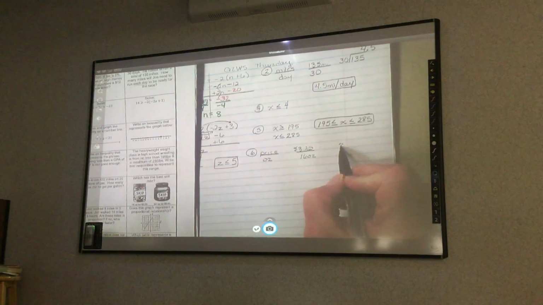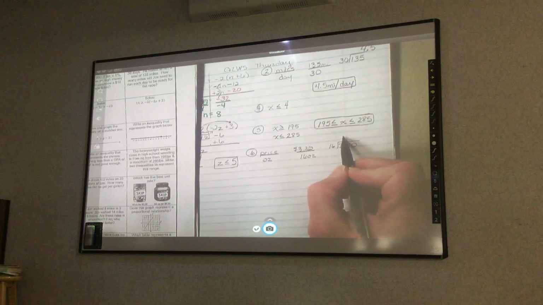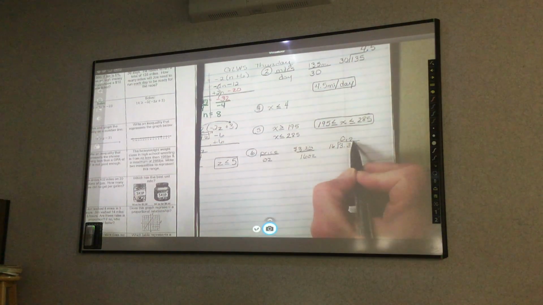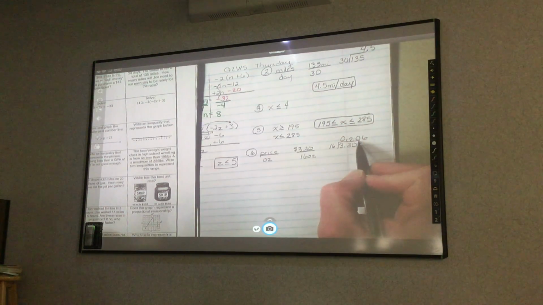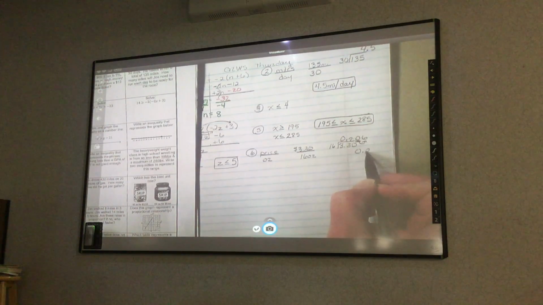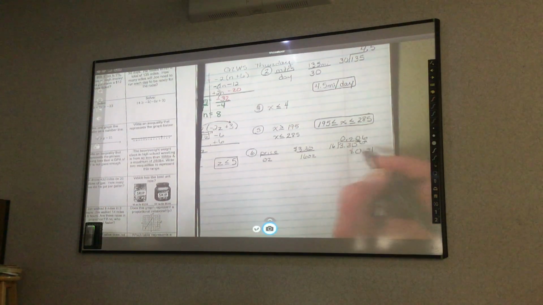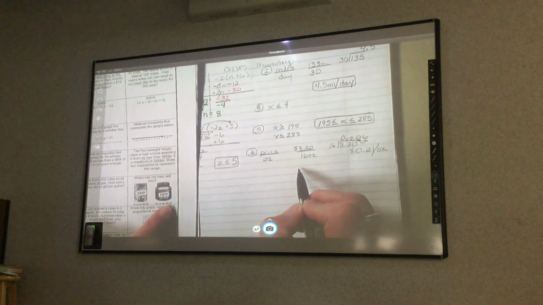So I do $3.30 divided by 16, and I get, after I do all my math, 0.206, and you need to round it to the nearest cent. So it'd be 0.21. That's cost per ounce.